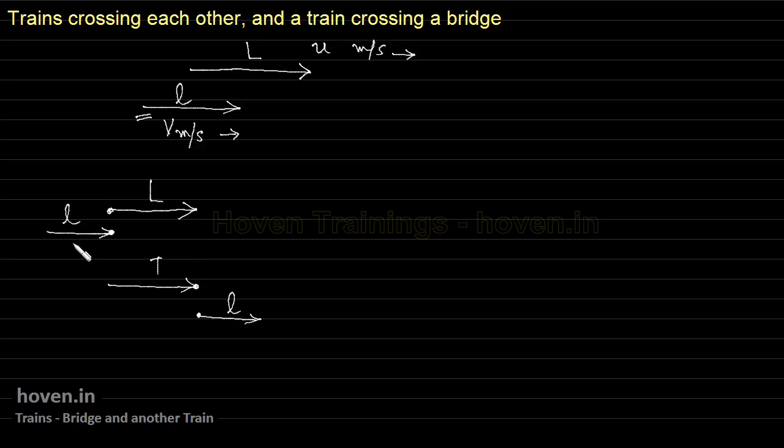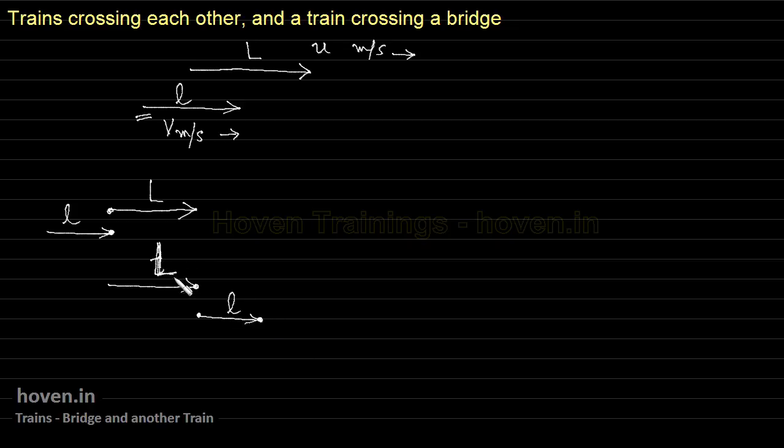So basically we have to find out the time taken by this train of length small l to move into this position where its head has covered a total distance of l plus L. The total distance will be l plus L only in this case also. L is this part and l is its own length. So this head has to travel a distance of l plus L, and in this case the first train of length capital L is also moving.